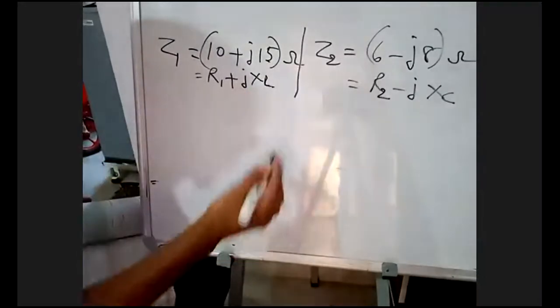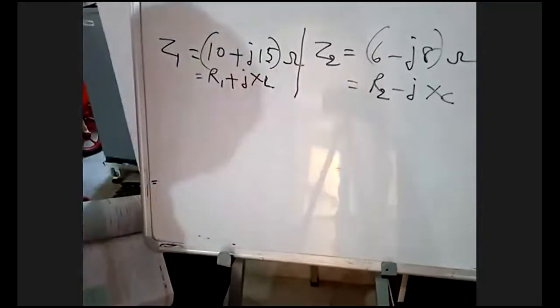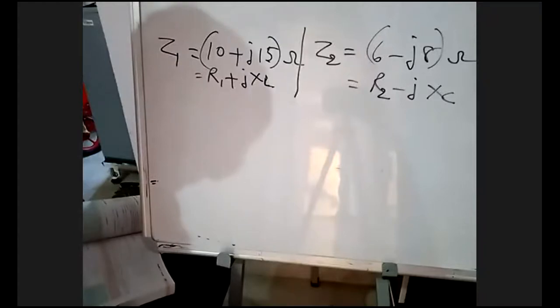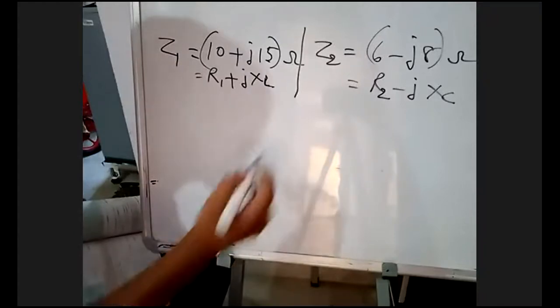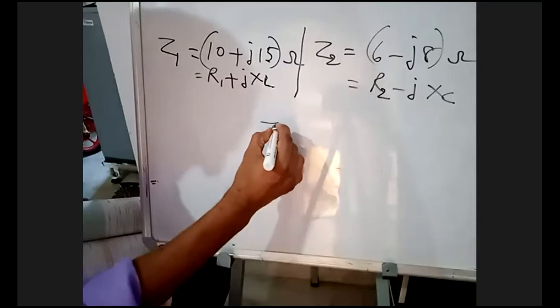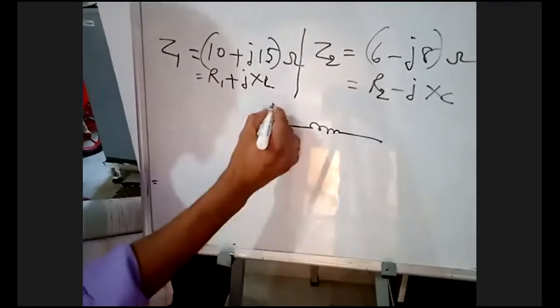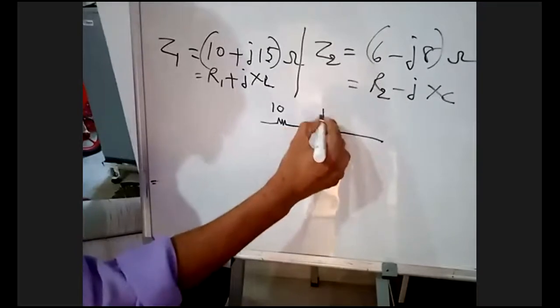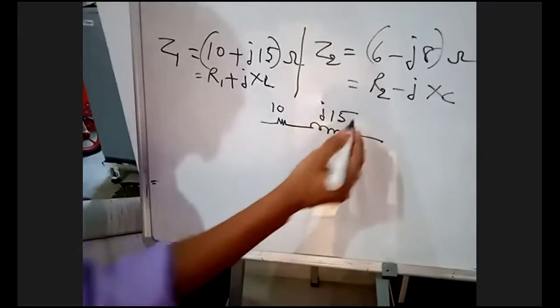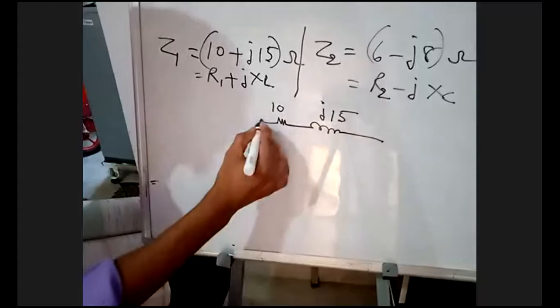Okay. Now I'll draw the circuit. These two are connected in parallel. See here, your R1 is 10 and this reactance is J15.